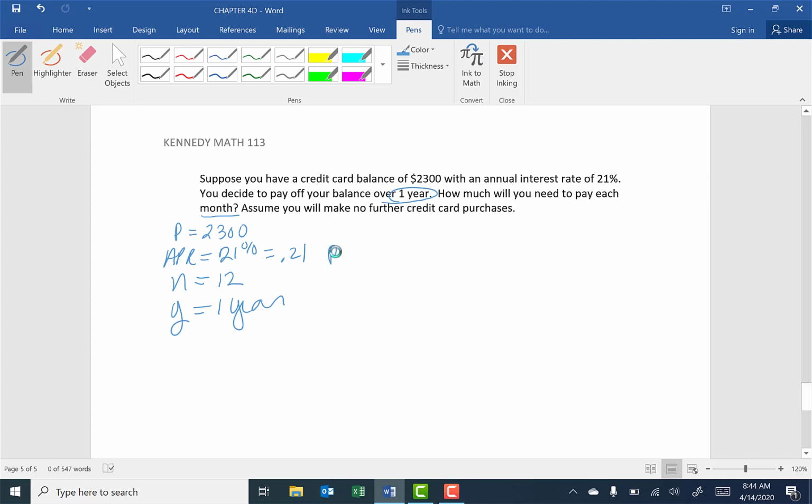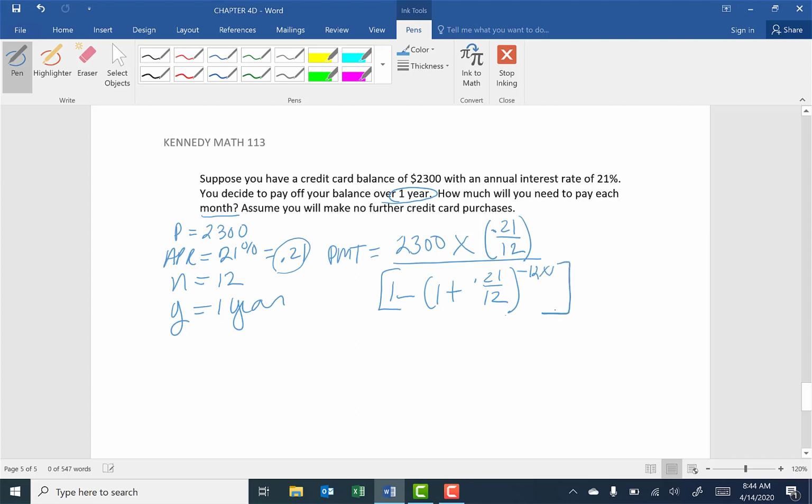So our formula is going to be payment equals P, which is 22,300, times 0.21 divided by 12, because our yearly interest rate is 0.21. To find out each month what it'll be, we divide by 12, divided by, in brackets, 1 minus 1 plus 0.21 over 12 again, raised to the negative 12 times 1, and a bracket.